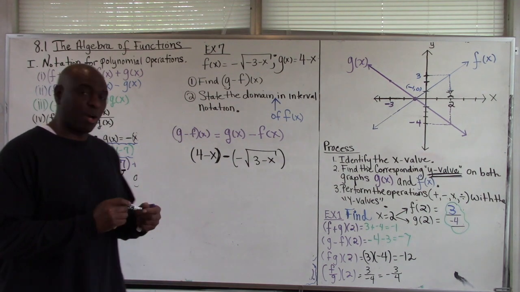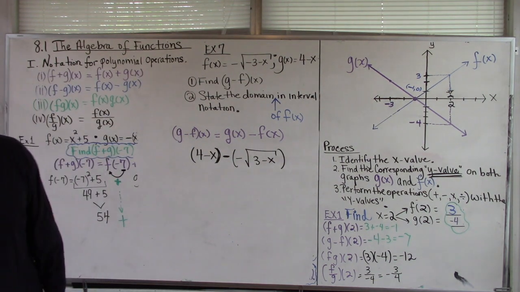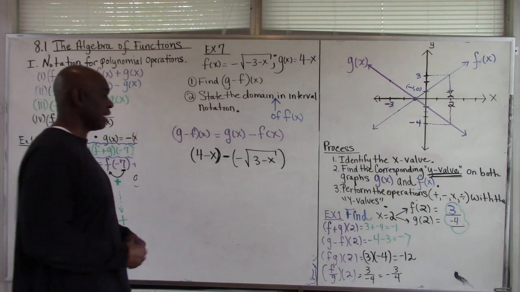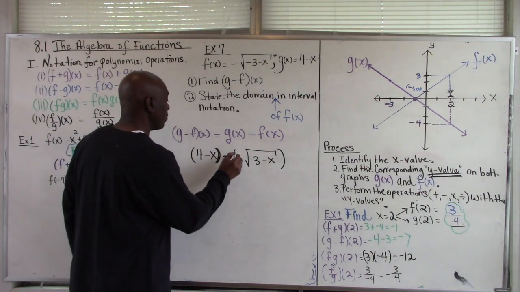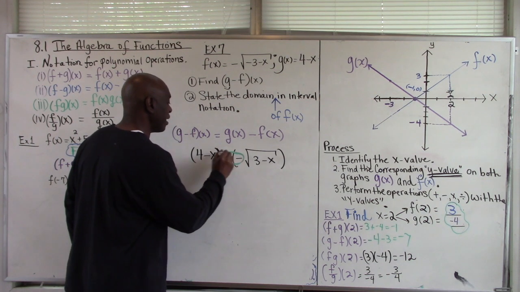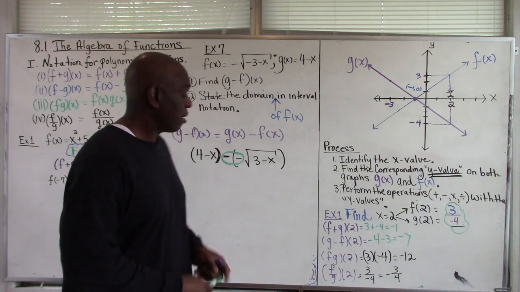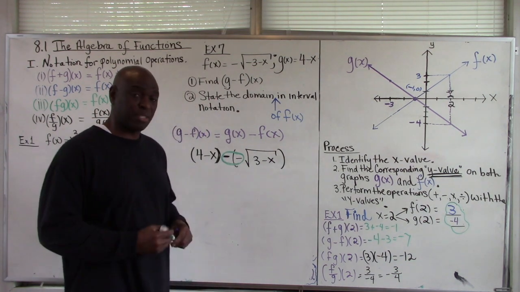Now all you have to do is realize what this is going to give me when you have two negatives like that. Anyone know what a negative times a negative is? If you say positive, you are correct, because a negative times a negative is positive.